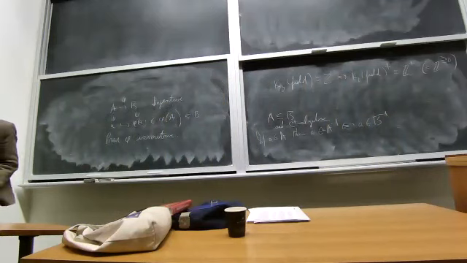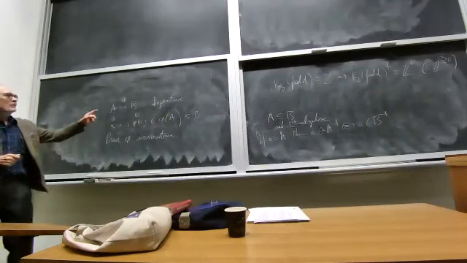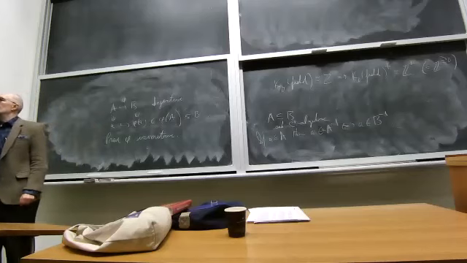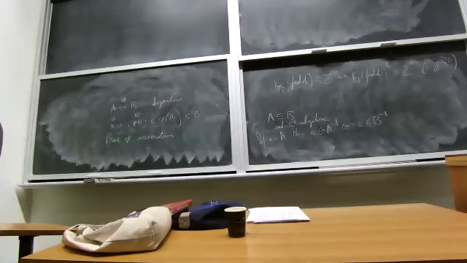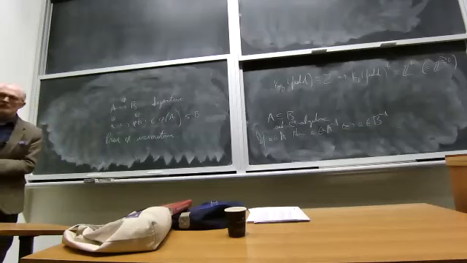Reduce to the case that both A and B are commutative, because then you can apply the Gelfand-Naimark theorem for commutative C-star algebras. It reduces you to just continuous functions on a topological space for A and for B.